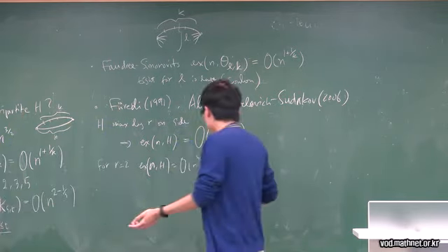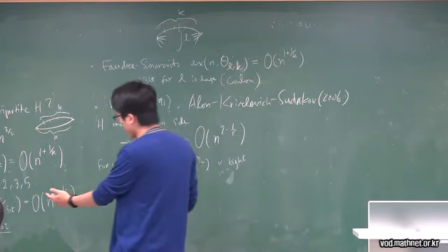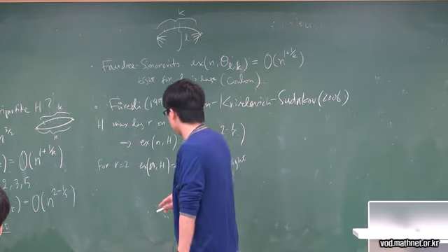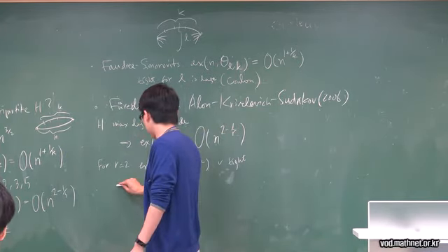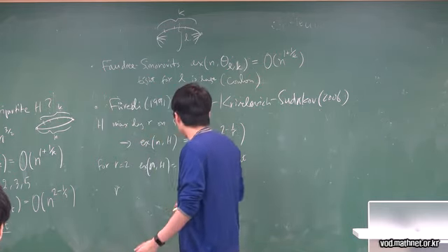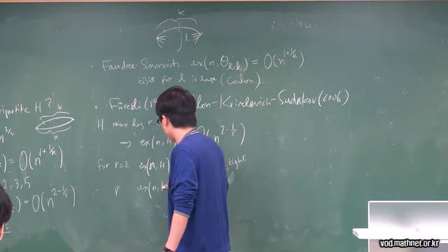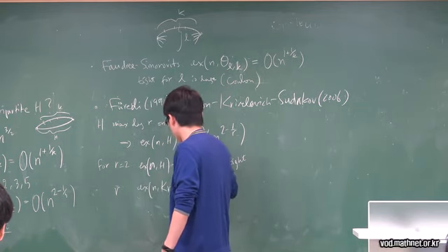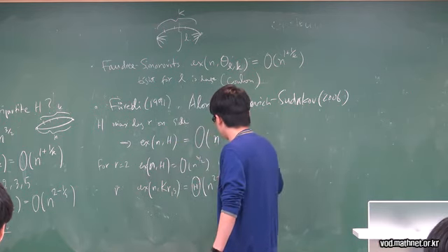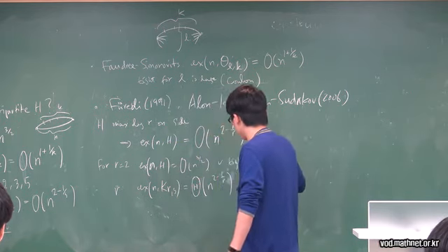So this is tight. And for general R, because we know this K_{R,S}-free construction for S larger than R, this is again tight for general R, because we have ex(n, K_{R,S}) is Theta of n^{2-1/R} if S is sufficiently larger than R. So in some sense, this result cannot be improved.